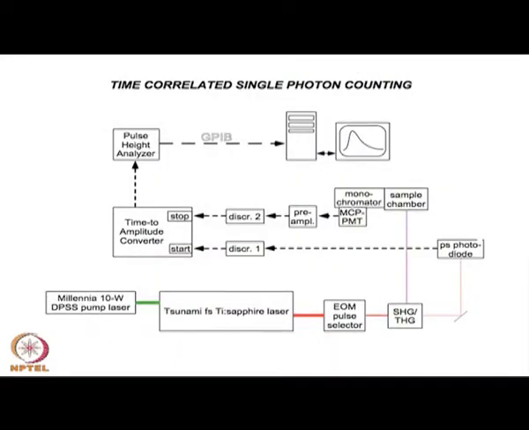And this study can be simply extended with the help of a pair of polarizers, a polarizer and an analyzer, placed before the sample chamber and after the sample chamber. Depending on the relative orientation of your excitation polarizer and emission polarizer, you can get the information IVV, IVH and other things that are required to calculate the anisotropy of a sample.